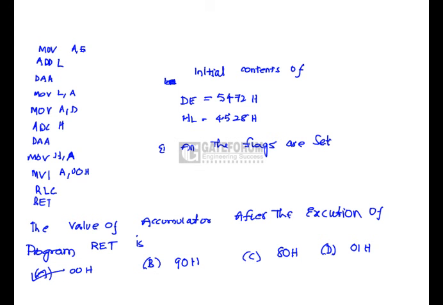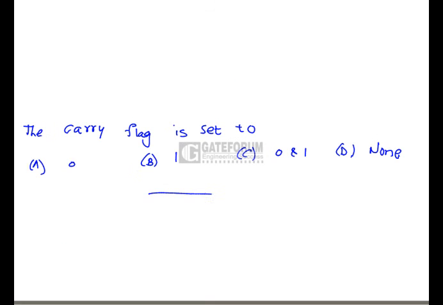Coming to the carry flag is set to. After the return instruction, the carry flag depends upon the last arithmetic instruction before execution of RET. The rotate left carry, rotate accumulator left. Here this is the accumulator content, bits 1 to 8, because the accumulator is an 8-bit register.